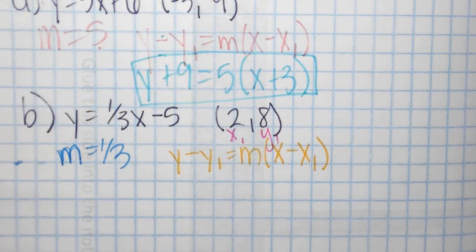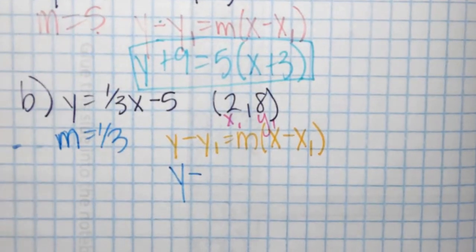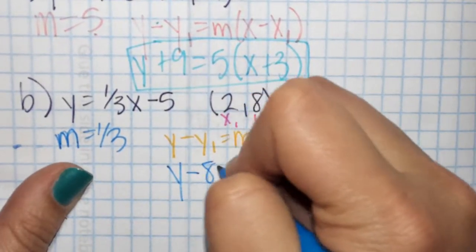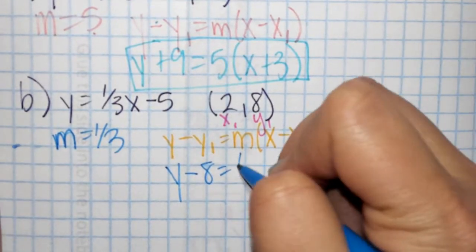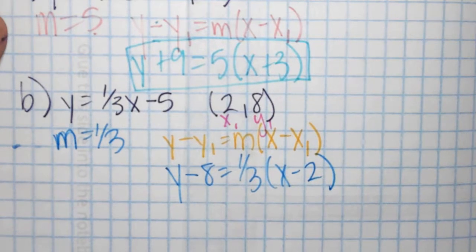Try to write it without me. Alright, so you should have y minus what? What's y1? 8 equals, what's our slope? Times x minus what?